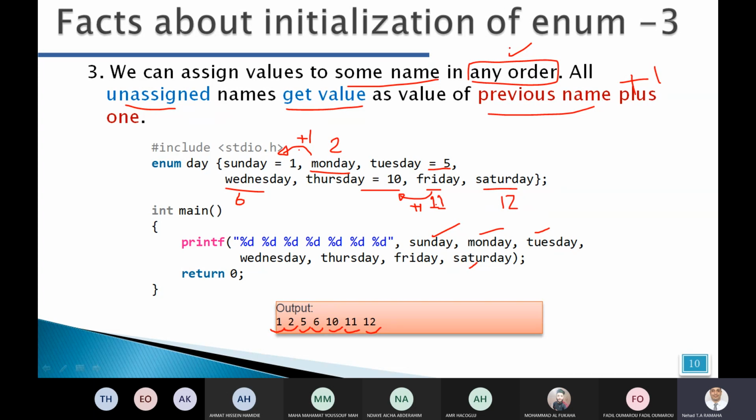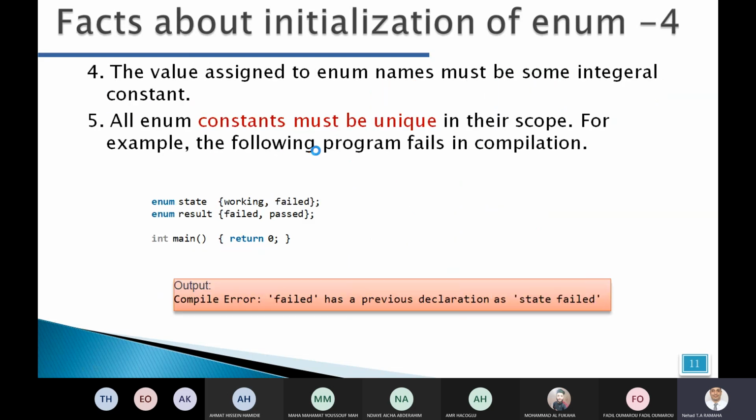So we can give values in any order, but any constant inside this enum that does not have a value will be the previous one, or the one before it, plus 1. Okay.